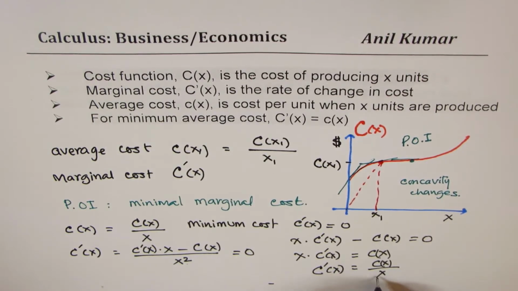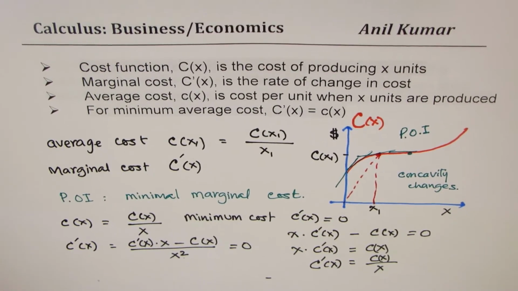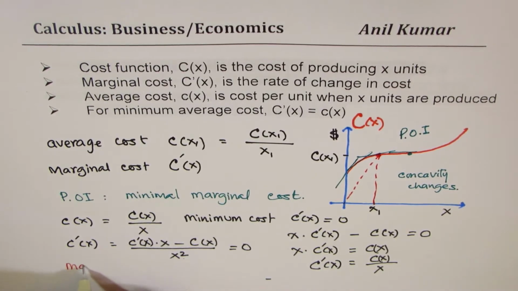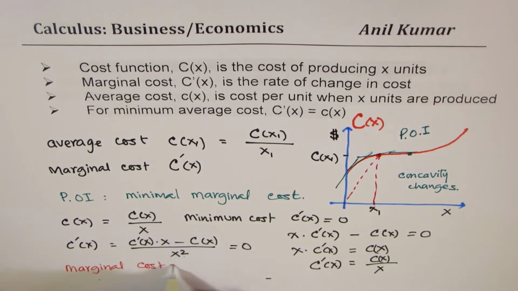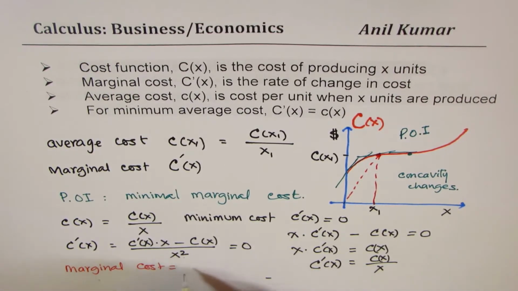You see that? C of x over x. So what we realize here is that for minimum cost, the condition is that marginal cost is equal to average cost.